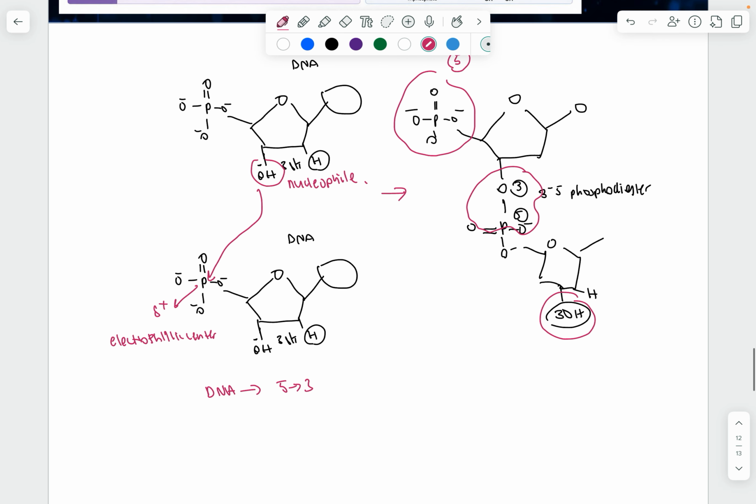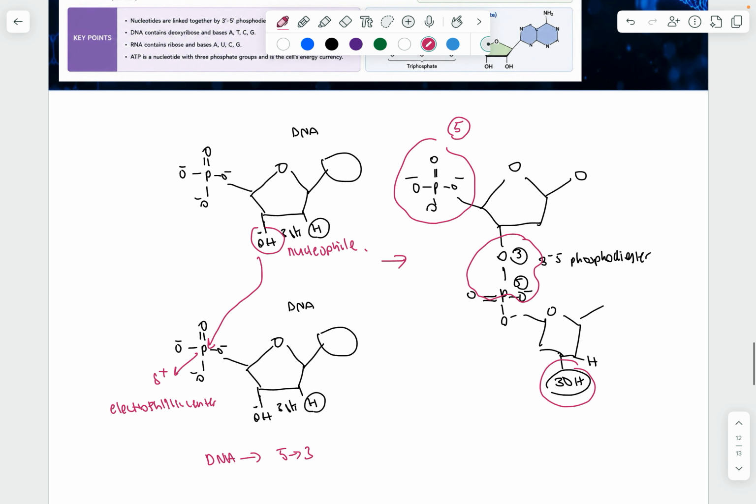But then when you're looking at certain nucleotides, let's zoom in here. Say I have a molecule that looks like this. If I were to look at these bonds, this is an OP and this is an OP.